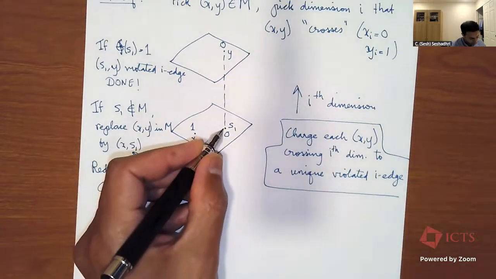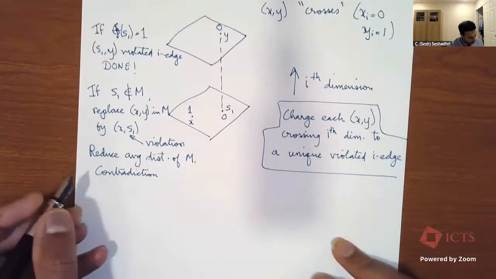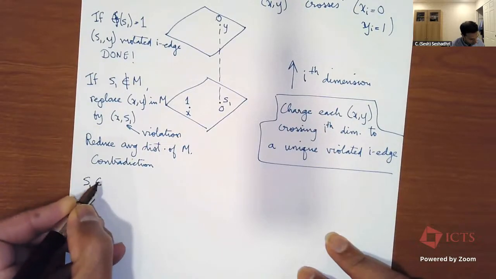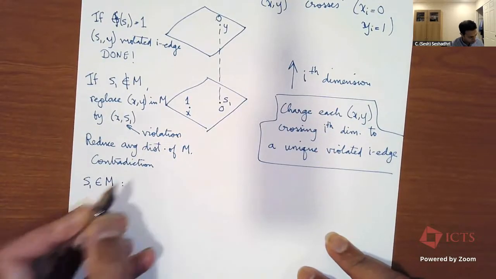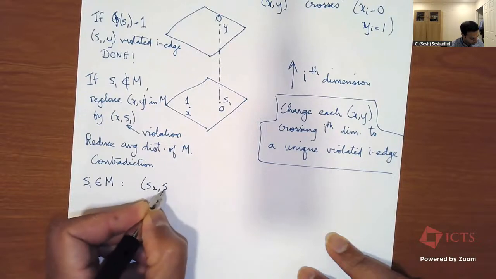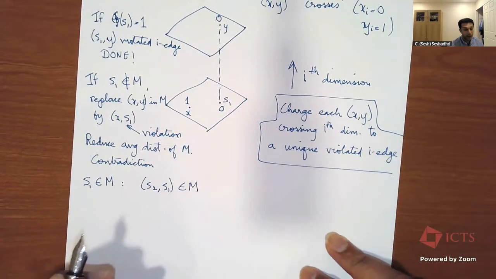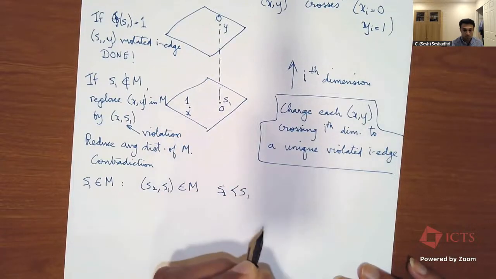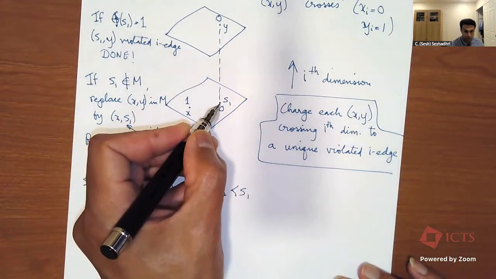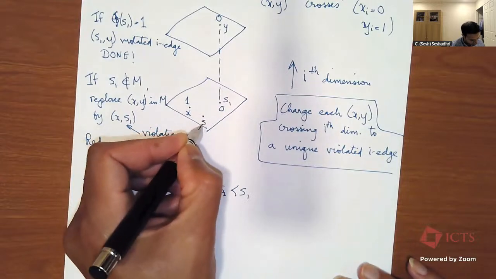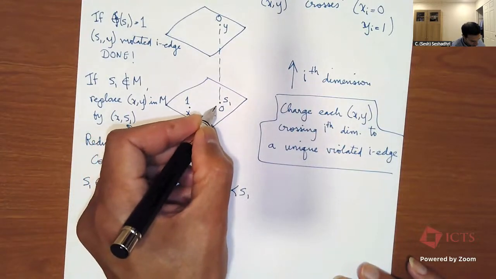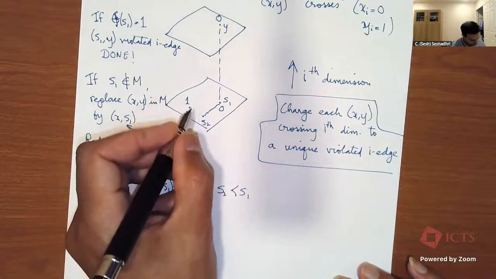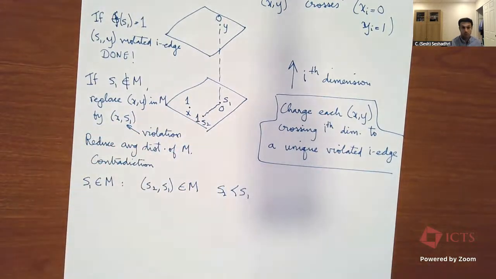Okay. Hence, what must happen? S1 is in M. Or specifically, there is a pair S2, S1 in M, where S2 is less than S1. There's a violation because it's a violation with this. So there's some S2, and the value there is 1.